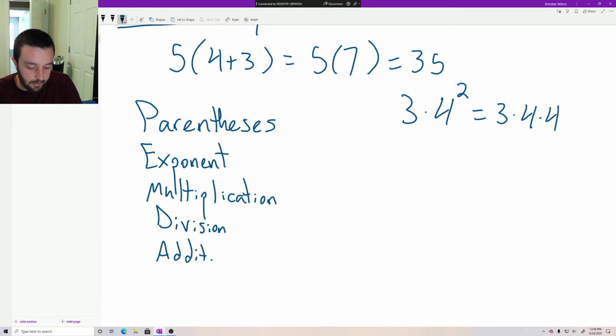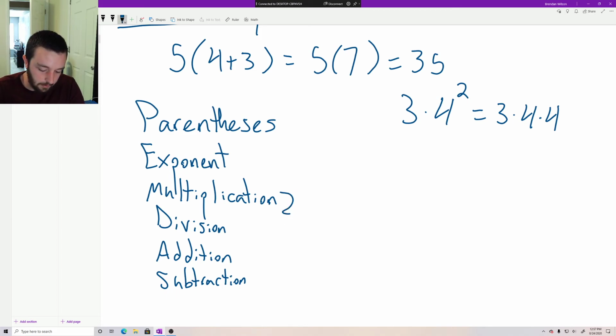And then after that, addition and subtraction. Now notice I didn't say multiplication should always come before division, because that's not necessarily the case. Let me write it like this.